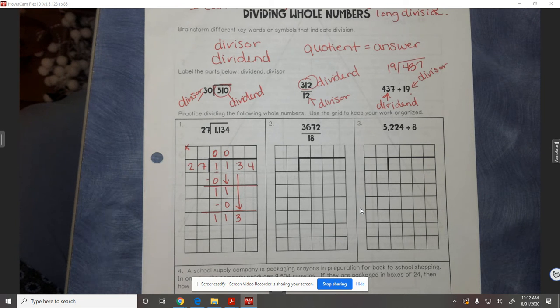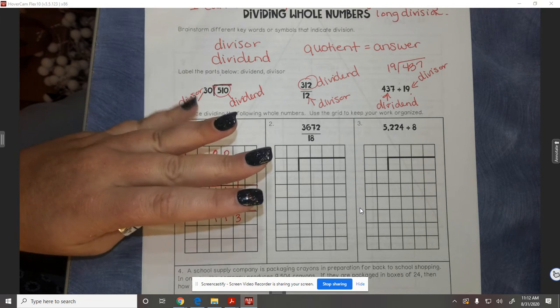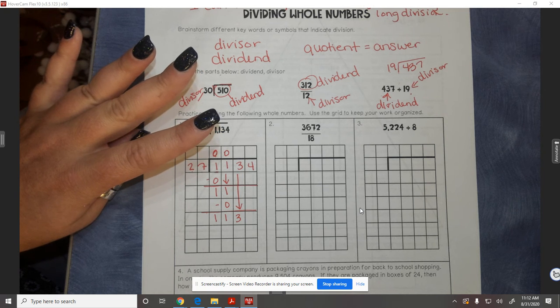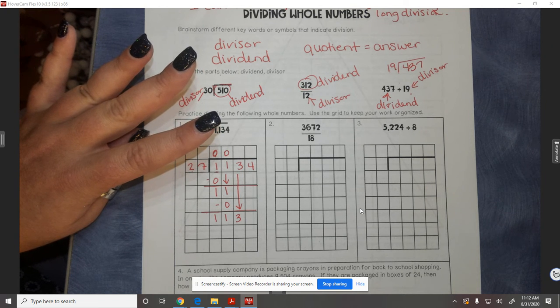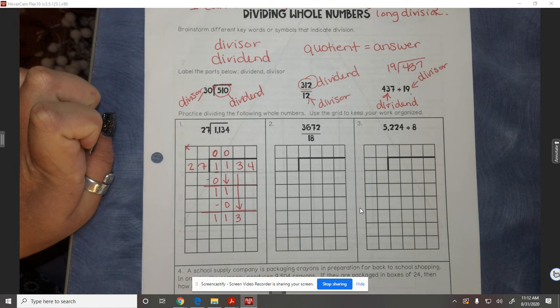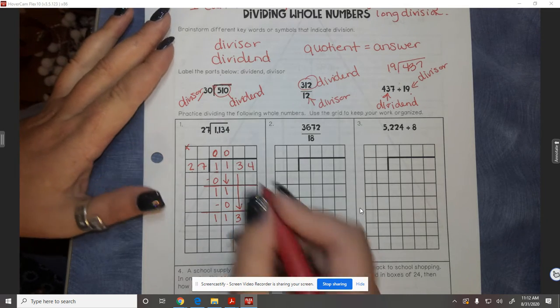And if you think about it, you go 30, 60, 90, 120. So you have 4. Okay, so 4 could be a possible answer here, and so that's what we could try. If 4 is too big, what we can use is 3, but we're going to try with 4 first based off of our rounding.